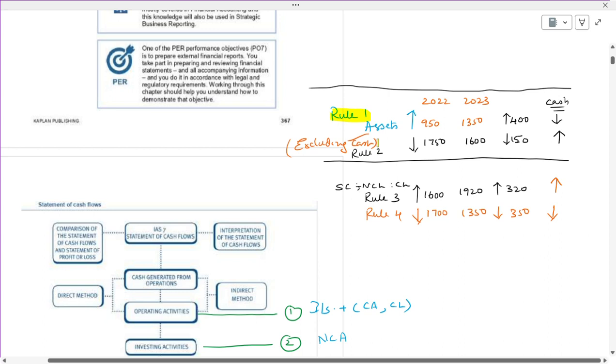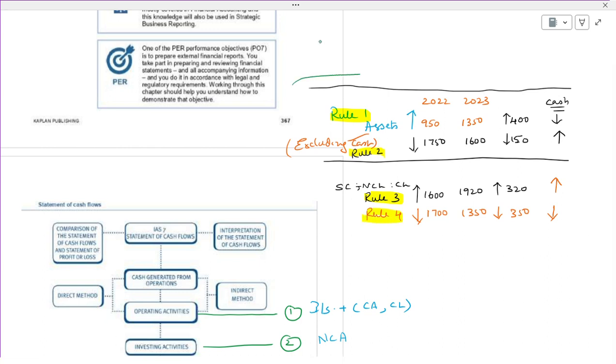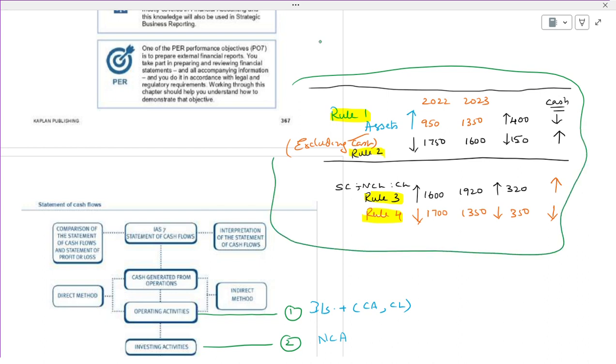Understand, remember these rules: Rule 1, Rule 2, Rule 3, Rule 4. This is, I can say, 90% of this chapter. We have to know what happens to cash in the end. If cash increased, add.